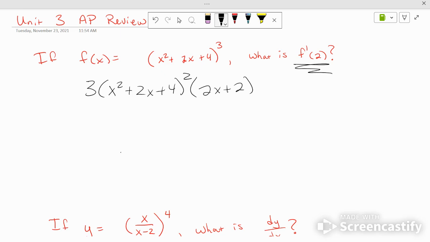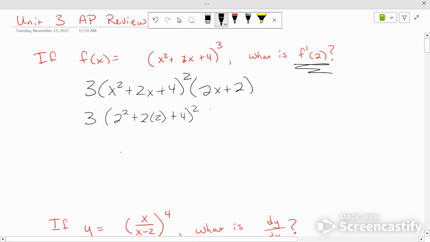What does that mean? Find the first derivative at 2. So I'm going to plug in my 2 each place. So it's 3 times 2 squared plus 2 times 2 plus 4 squared times 2 plus 2.